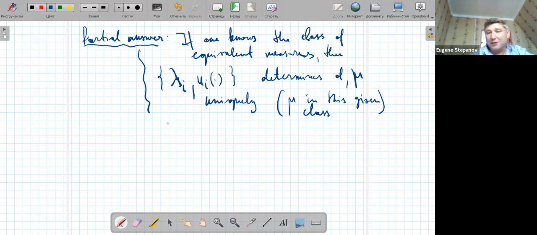The operators will be different, of course, because mu is different. But I don't have a counterexample. Maybe occasionally you might have strangely the same spectrum and the same eigenfunctions.